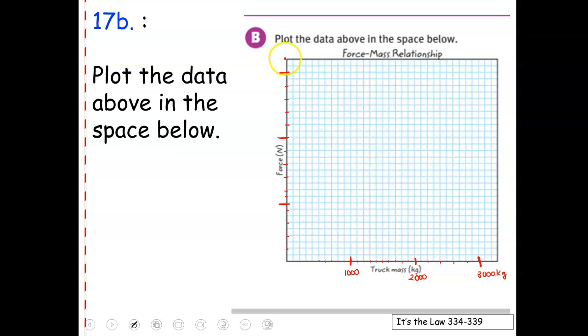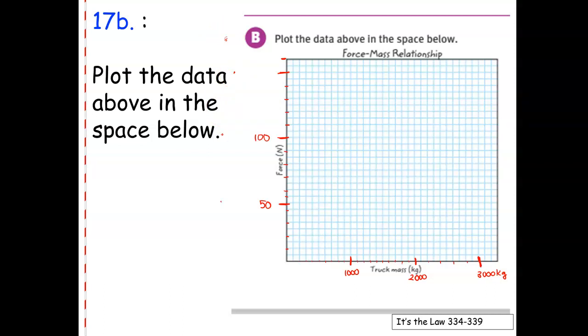Actually, we could do 82 up here at the end, right? No. So let's make this 100 and make this 50. That way I can make sure I have all my forces. And so 82 wouldn't fit if I went 25, 50, 75, because 82 would be up here. So I have to use a smaller increment.